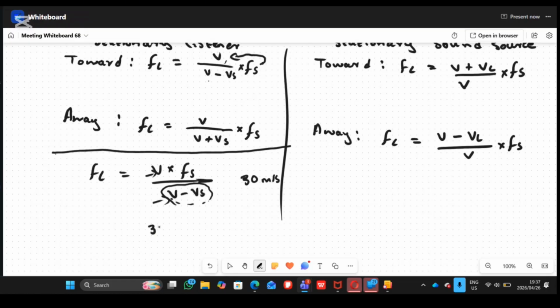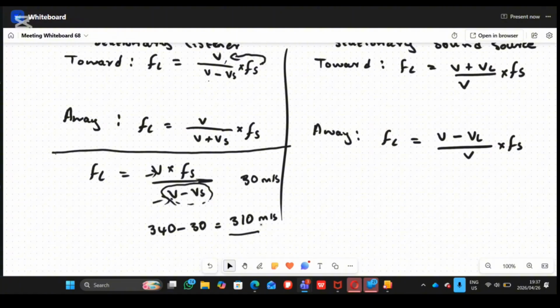So 340 minus 30, we end up with 310 meters per second. So our denominator is decreasing, right? Once our denominator decreases, it means our overall value is going to increase.